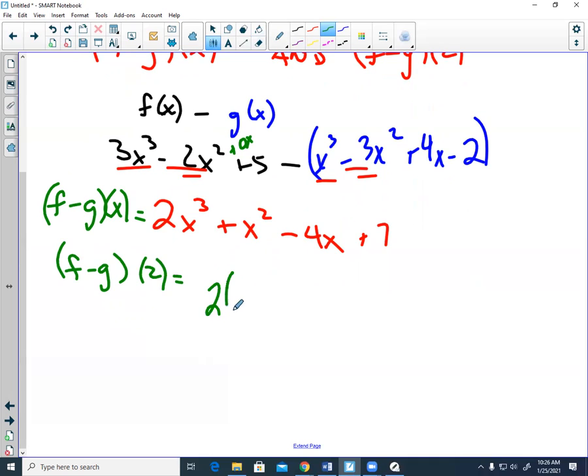So I get 2 times 2 to the third power plus 2 squared minus 4 times 2 plus 7. All right, should be pretty straightforward. And so if it was something like that, it's gonna be a row like that every time, where the x is just replaced with a number.